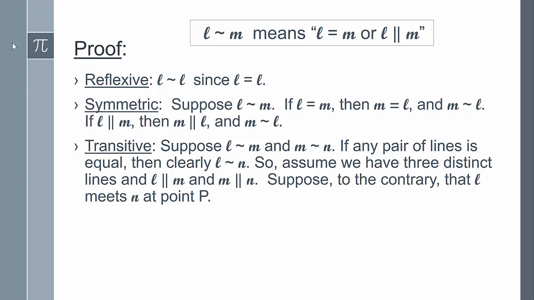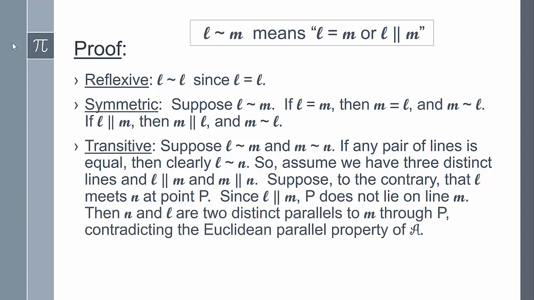Suppose that L intersects line N at point P. That would be the opposite of L being parallel to N. Well, we're still assuming that L is parallel to M. And since L is parallel to M, P does not lie on line M because we assume that P is on line L. But then that leads us to two distinct parallels to M, line N and line L, that pass through point P. And this contradicts the Euclidean parallel property of the affine plane A, which states that there's exactly one line parallel to M through P. So this is a contradiction.